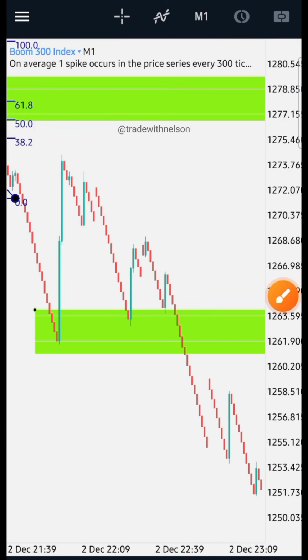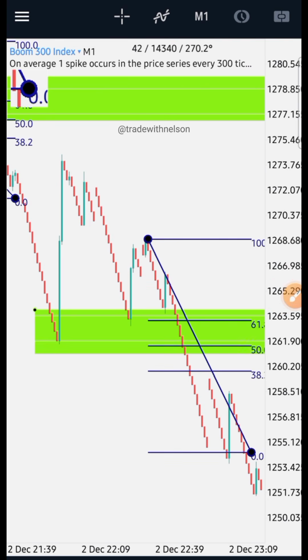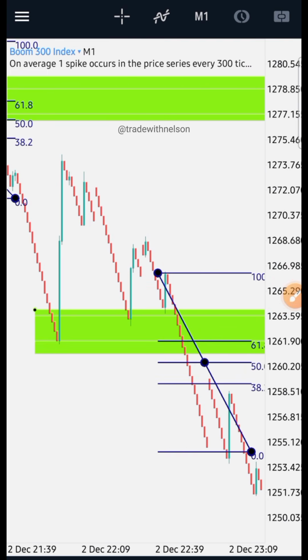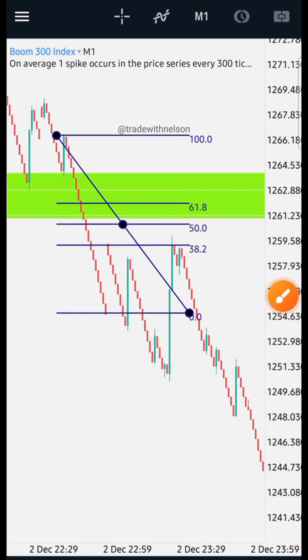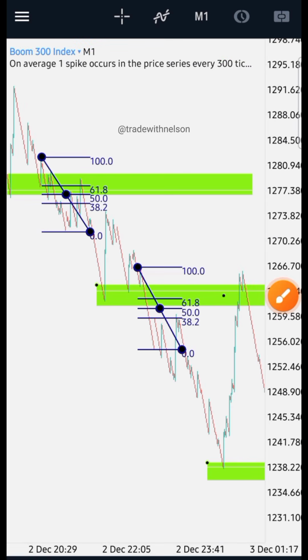Let's say you see this setup, then you take your fib, you draw from this point, or let's say from this point to this point. If you look over here, draw from this point, the market enters into the 38.2 level, comes out, goes back into the 38.2 level, then your stop loss will be here. So this is a very sweet setup that you can see.